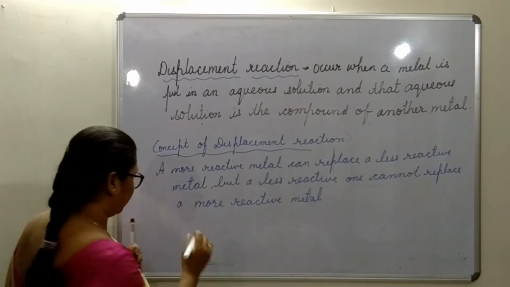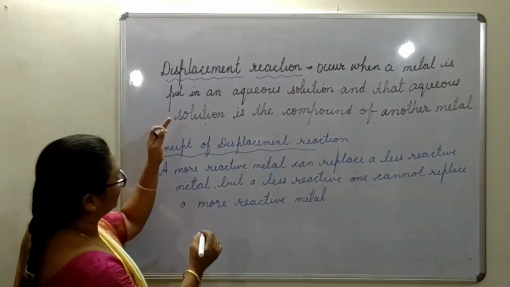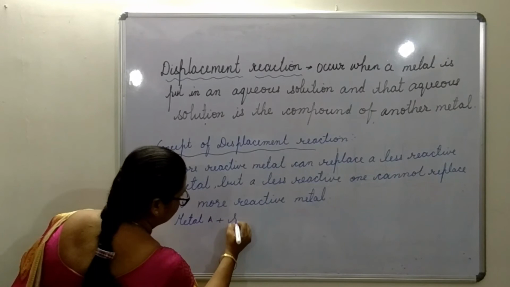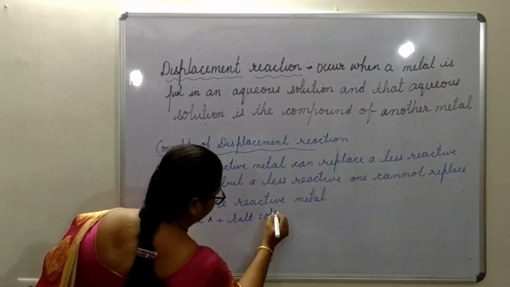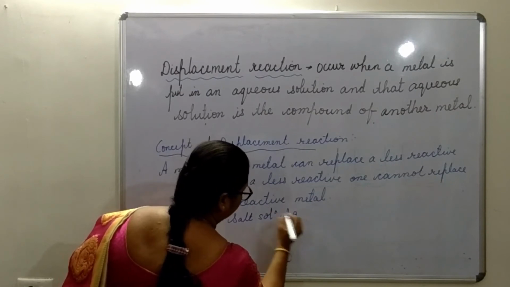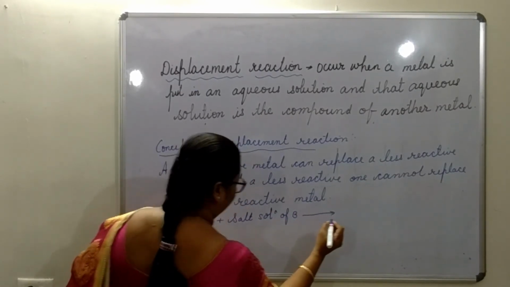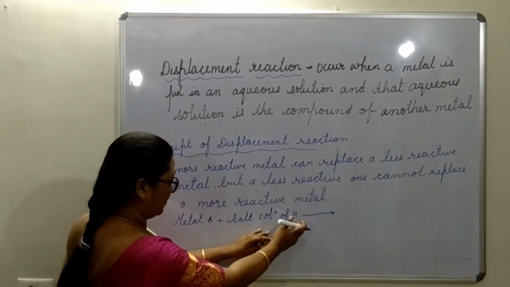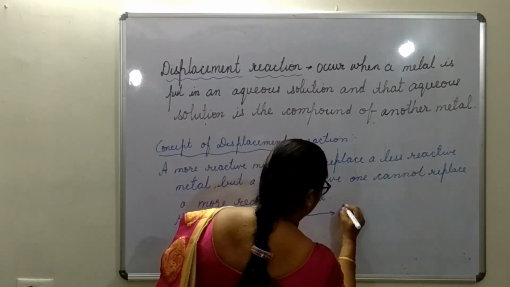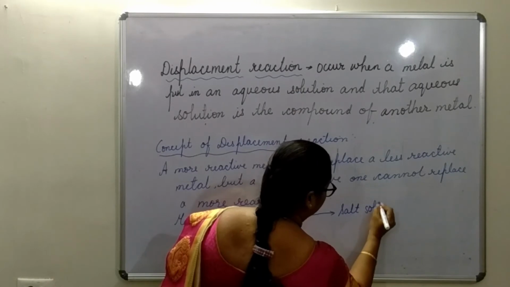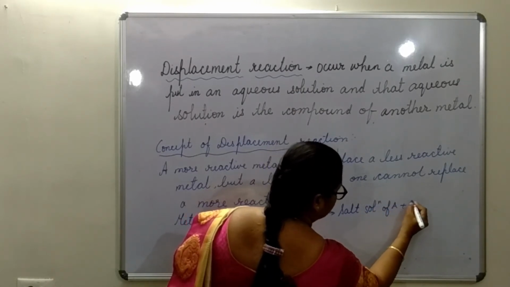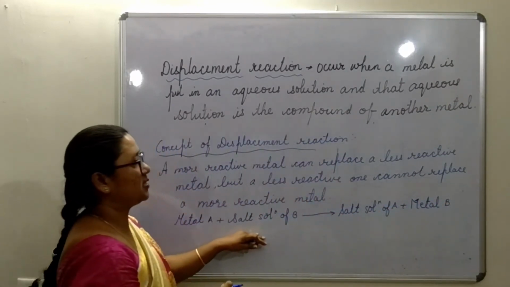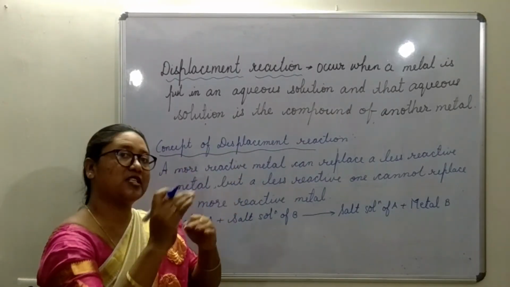So the simple concept of displacement reaction is: metal A plus salt solution of B gives us, when metal A reacts with the salt solution of B, meaning an aqueous solution, the new compound formed is the salt solution of A plus metal B. This is the summary of the whole displacement reaction.